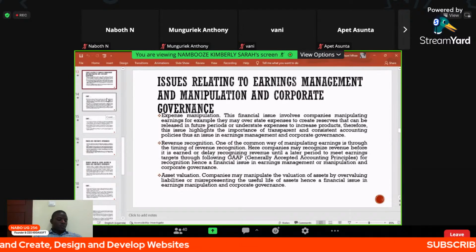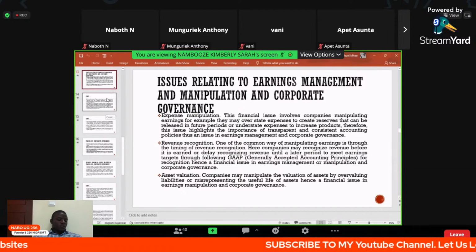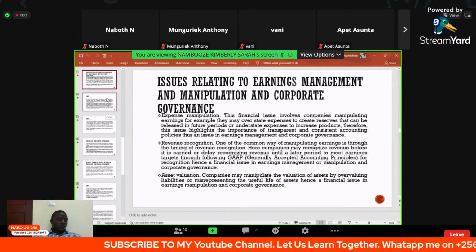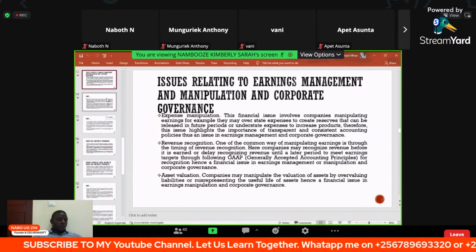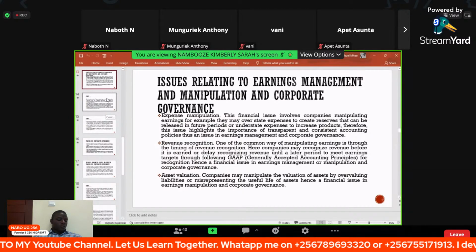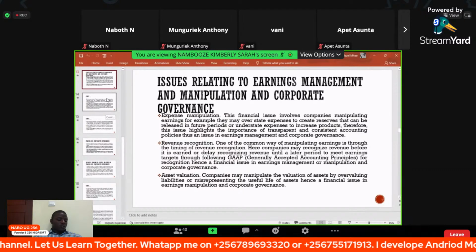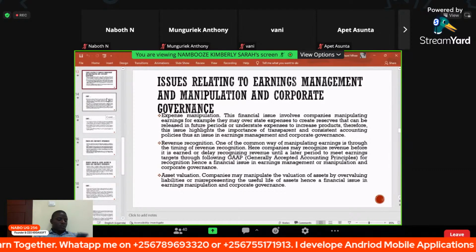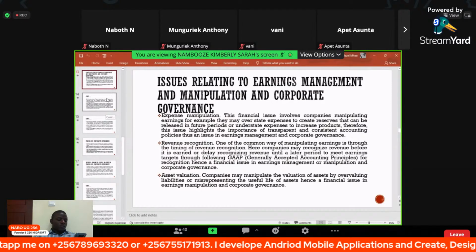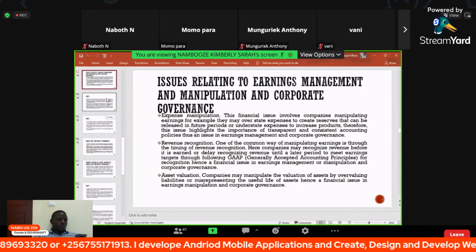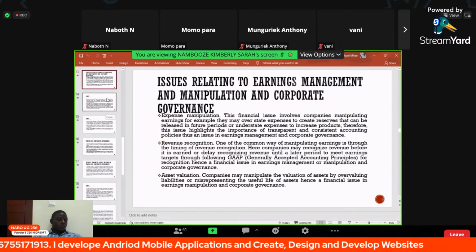Yet in actual sense, they already know the person is going to use it for 4 years, and it depreciates. But to show that the company is working very well, it will say that this car will be used for 7 years. Yet in actual sense, the car is going to work for 4 years.